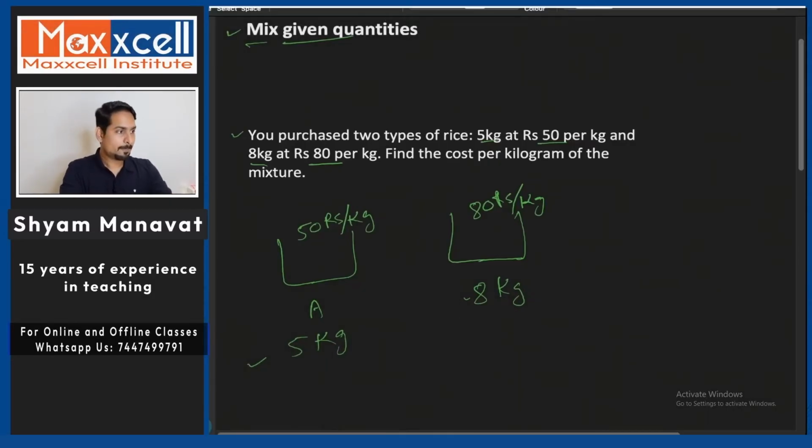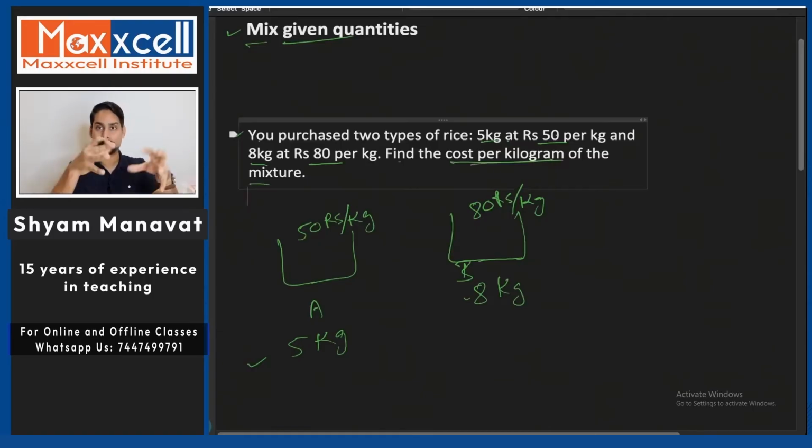What do you need to do? The question says you purchase two types of rice, let me call them A and B: 5 kg at 50 rupees per kg and 8 kg at 80 rupees per kg. Find the cost per kg of the mixture when you mix both of them.